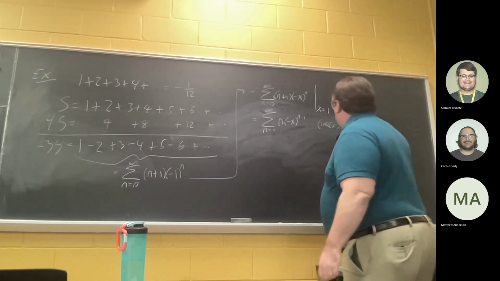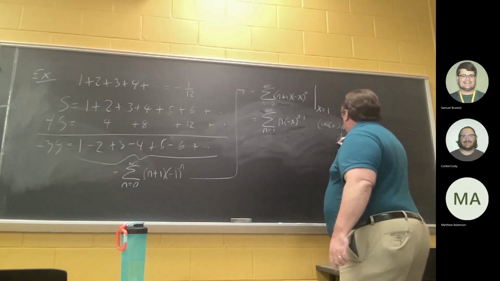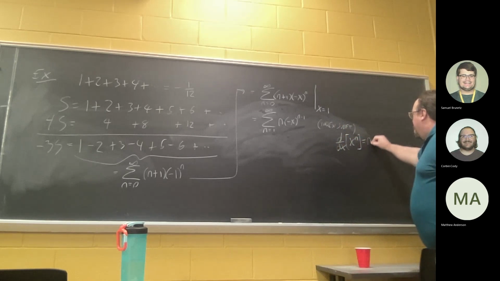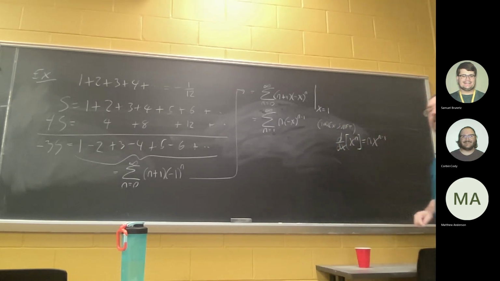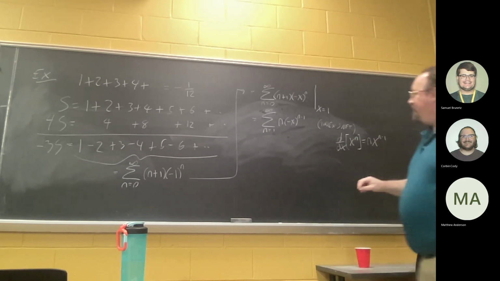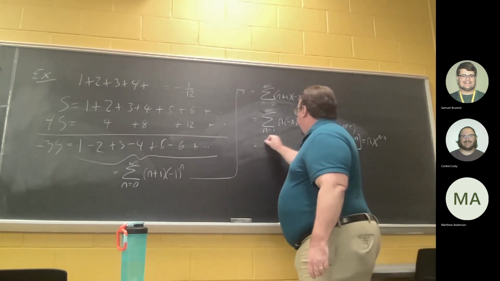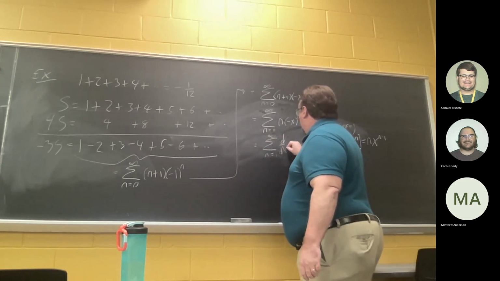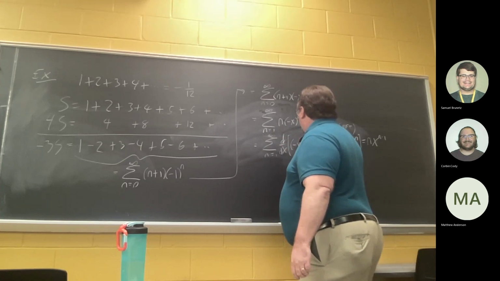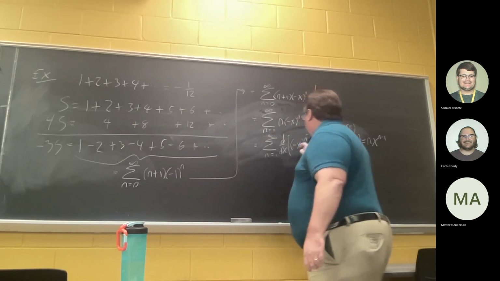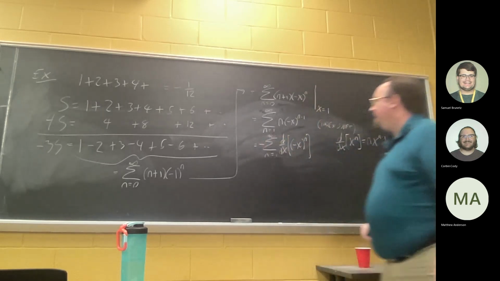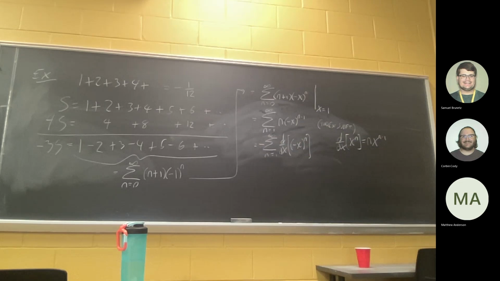Because the derivative with respect to x of x to the n is n x to the n minus 1. That's a derivative. So I'm going to write it as such. So this is a derivative of minus x to the n, but because it's minus x, I have to put a minus out here by the chain rule.